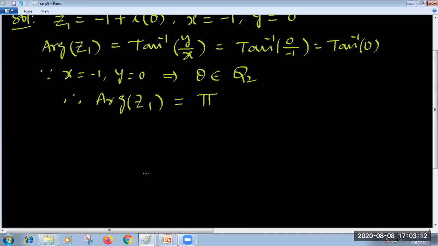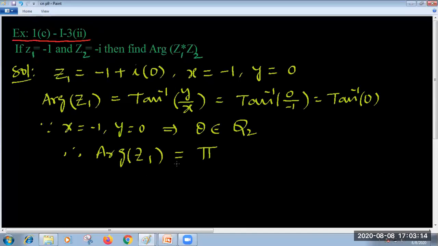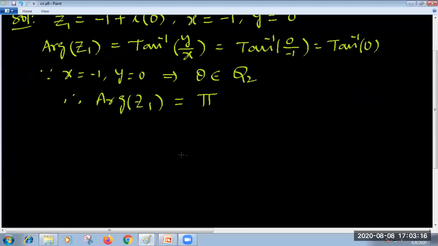Now we have to find argument z2, that is z2 is equal to minus I. Let us take the second number, that is minus I. There is no real part, take the real part as 0, and minus I, you write it as I into minus 1.